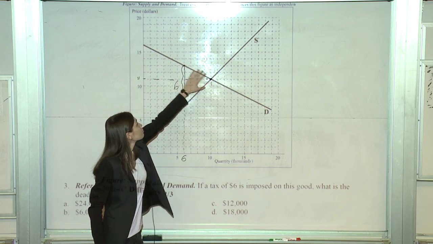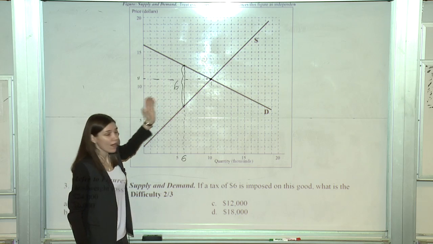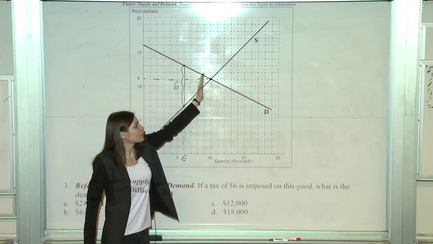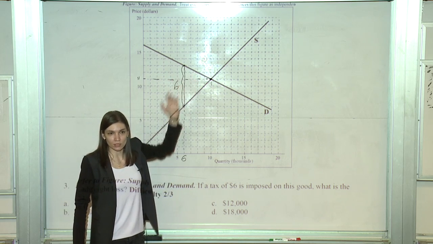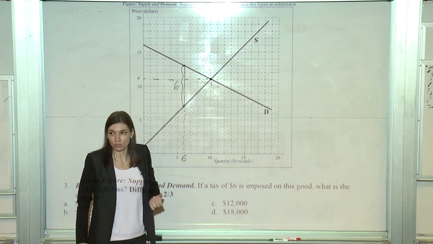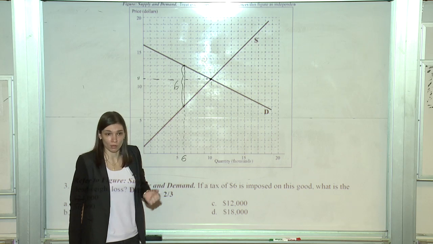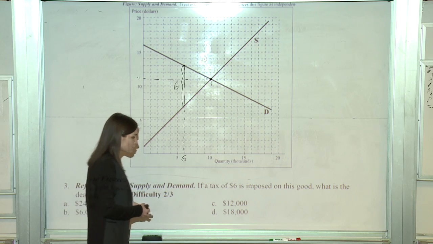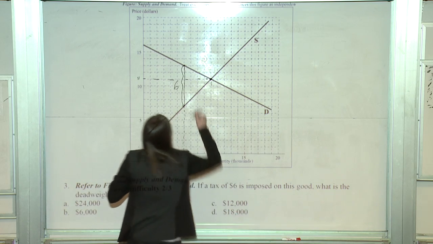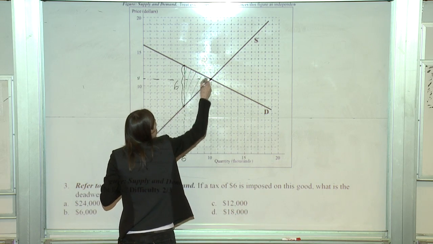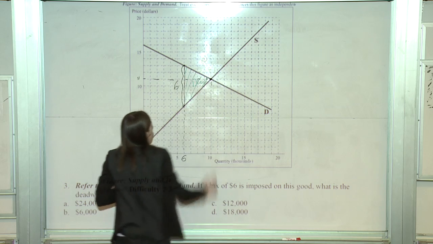So total surplus would be this whole area. Now, after the tax, this part no longer belongs to total surplus. This is effectively the loss that we suffer in total surplus because of the tax, and that's what we call deadweight loss. So the area of this triangle would be the deadweight loss.